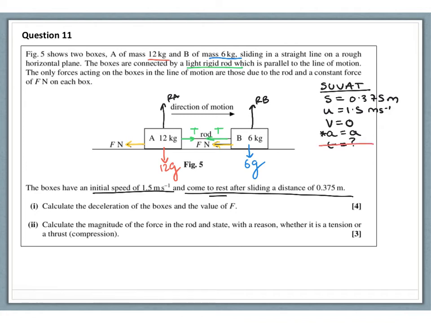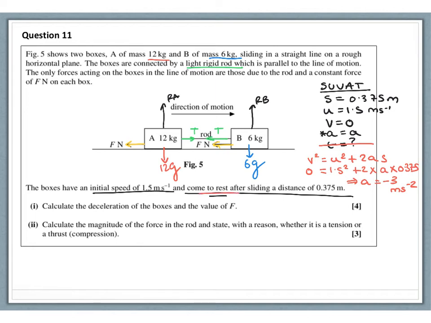So the equation we want is V squared equals U squared plus 2AS. 0 is equal to 1.5 squared plus 2 multiplied by A, which we're trying to work out, multiplied by 0.375. Rearrange to give you a value of A, which comes to -3 meters per second squared. It's a deceleration, which makes sense because the box is coming to rest.